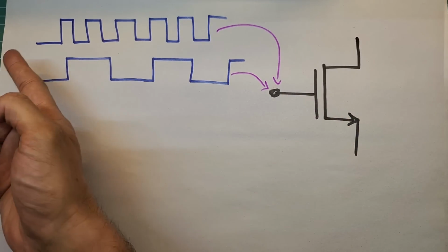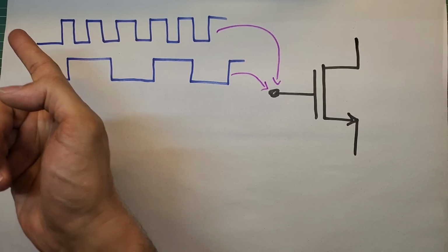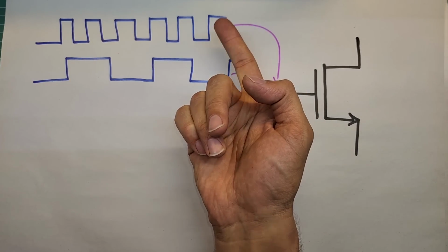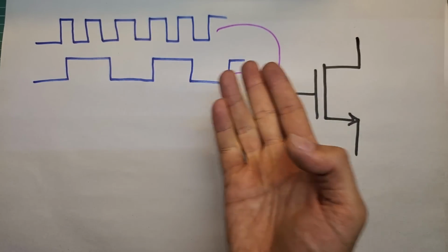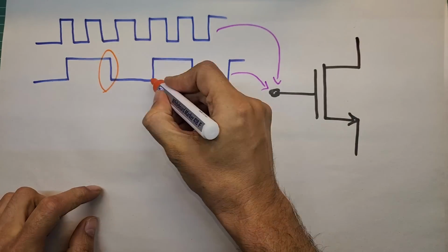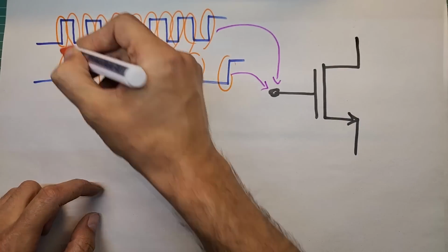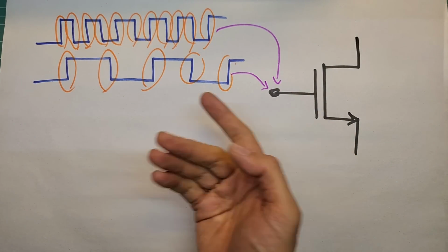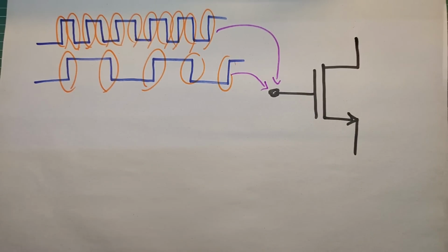Look, this is a low frequency pulse and this is a high frequency pulse. No matter which one you apply to the gate, you have to switch the transistor quickly. Actually, I'm talking about these rising and falling edges.